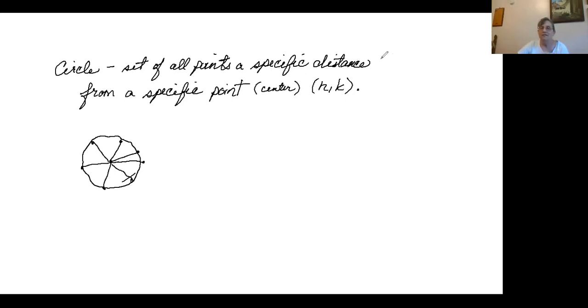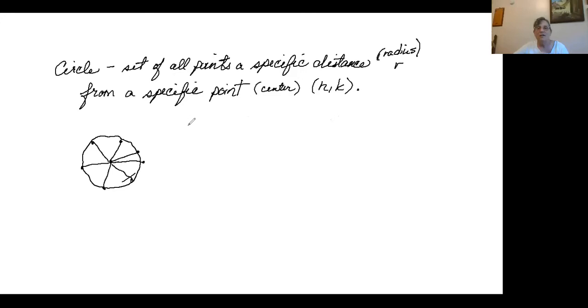And the distance we call the radius. As in any circle, the radius is the distance from the center to the outside of the circle. And we logically use an R to represent that.